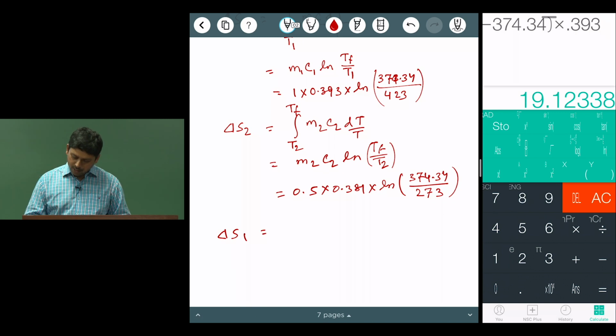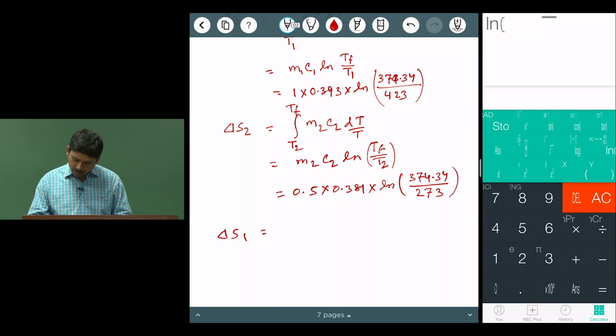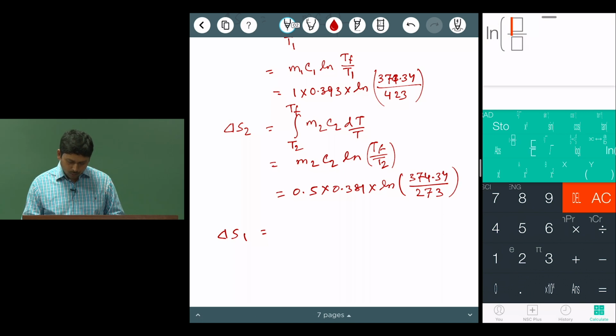So, we have to calculate ln of this quantity. We have a function ln here, and we can calculate the ratios also.